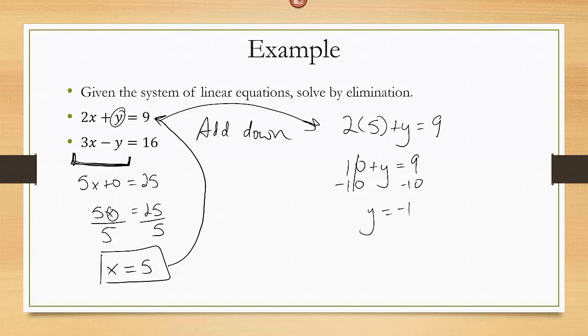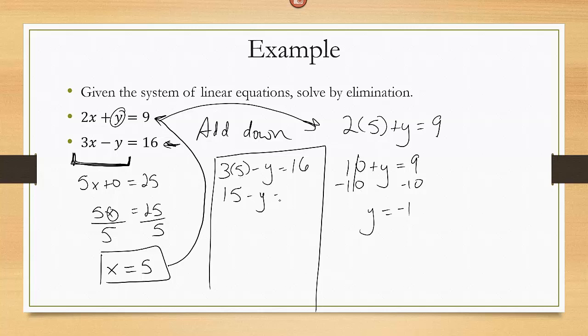You can also plug your 5 into the second equation as well, and you're going to get the same thing. So, just to show y'all, let's plug in 5 to our second equation. So 3 times 5 minus y equals 16. 3 times 5 is 15, minus y equals 16. Subtract 15 from both sides to get y by itself.